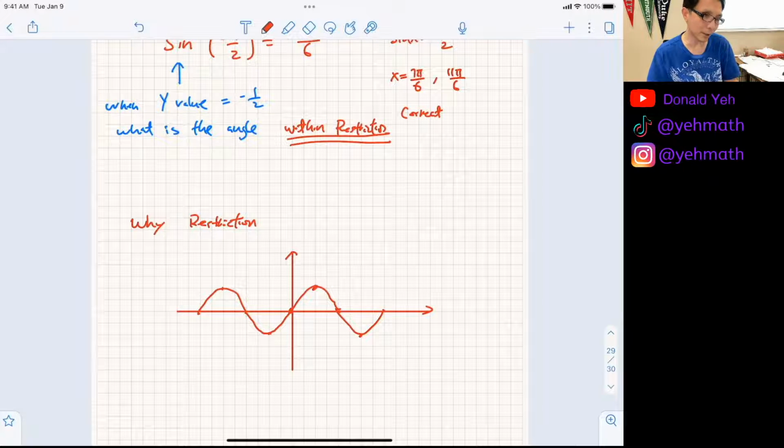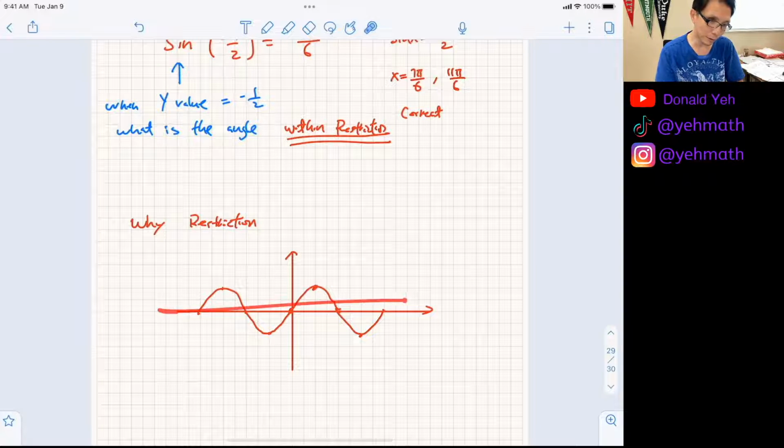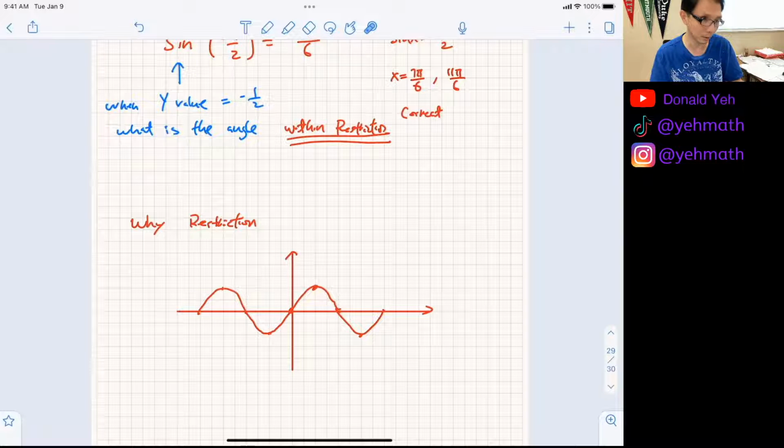So the idea is this: whatever your pre-calc teacher should have told you, in order for a function to have an inverse, it must pass the horizontal line test. If it doesn't pass the horizontal line test, you cannot have an inverse. If I were to do a horizontal line test right now, I would fail miserably. I would intersect more than once.